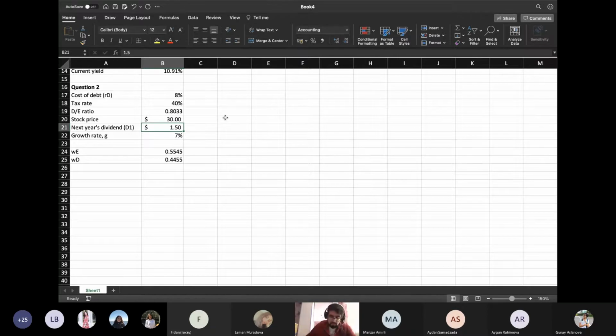And R is equal to 1.5 over 30 plus 0.07, which is 0.12.